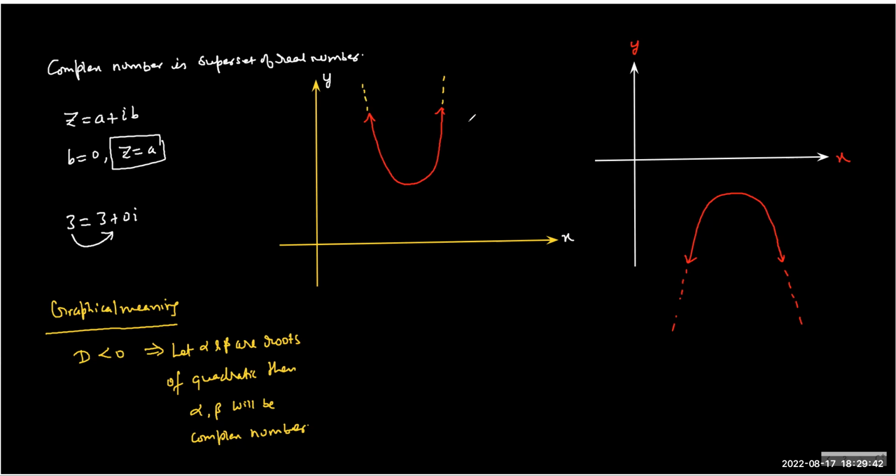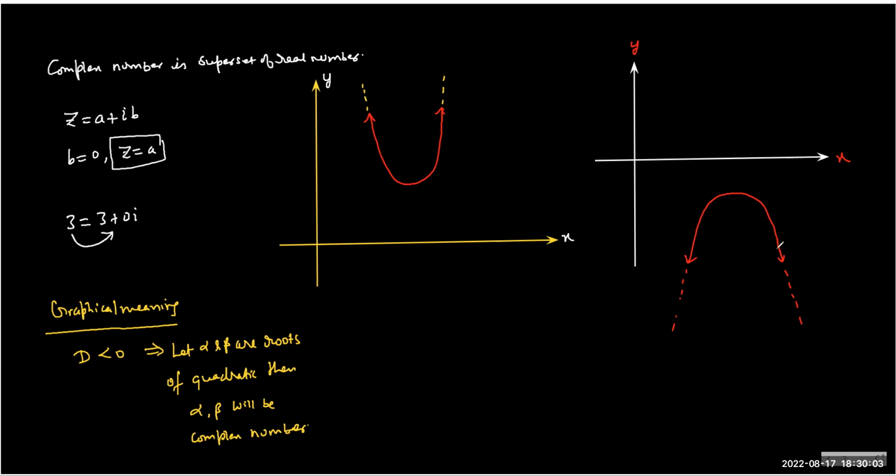No, sir. So that is the meaning of complex roots. Complex means there is no connection between the graph and the x-axis. They never meet each other. That's the geometrical meaning. Even if you extend the graph up to infinity, it will never ever meet the x-axis.